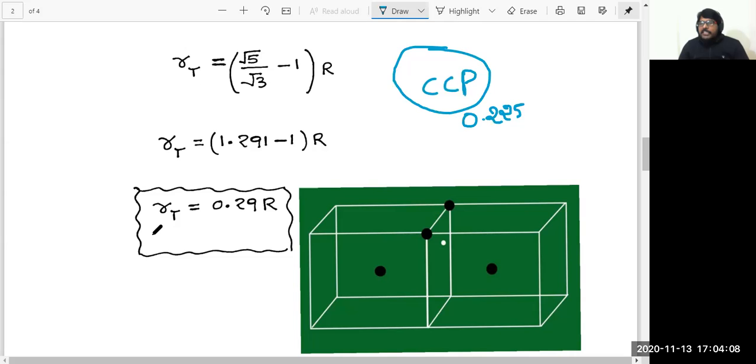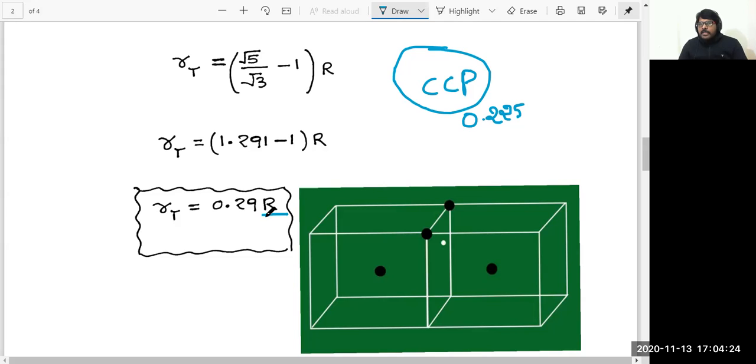But in case of a distorted tetrahedral void, it is nearly 29 percentage, 0.29 into the radius of the atom which is forming the BCC unit cell.